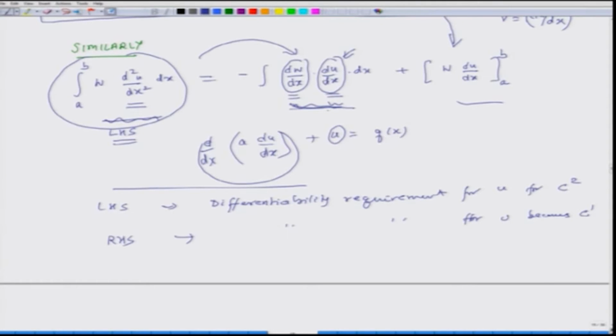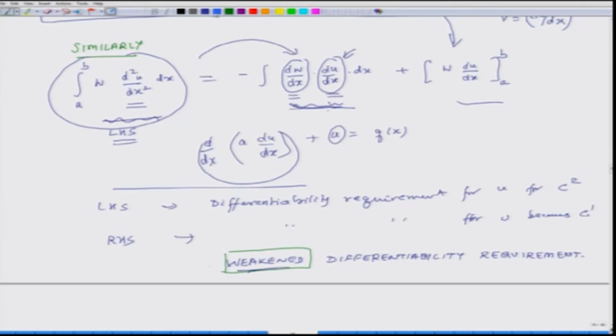What we have done is, we have weakened the differentiability requirement. This term comes up a lot in finite element literature.